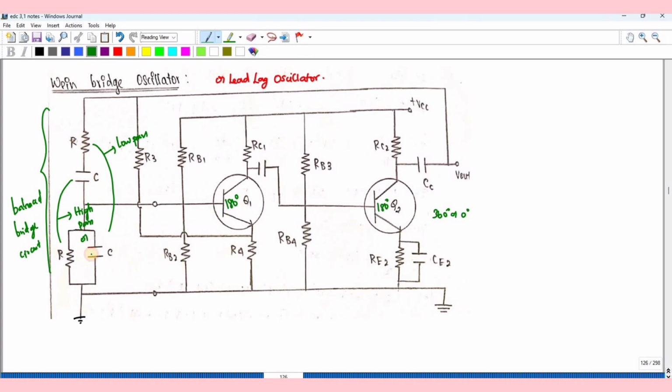So this is also called lead, and this is called lag. That is why it is called the lead lag oscillator, which will not produce any phase shift. So this will produce a 0 degree phase shift.